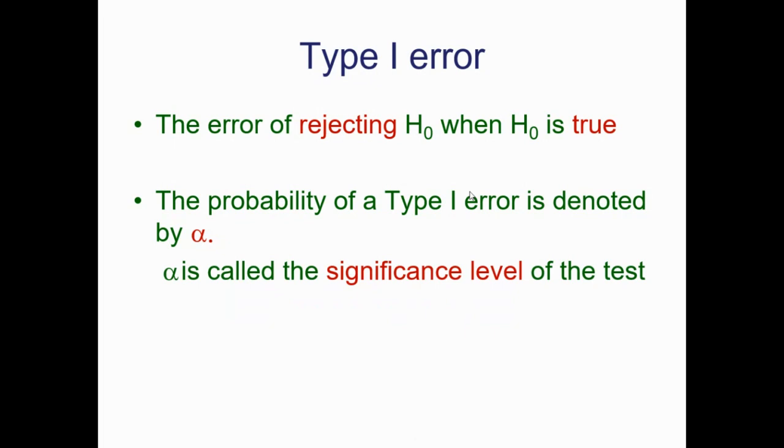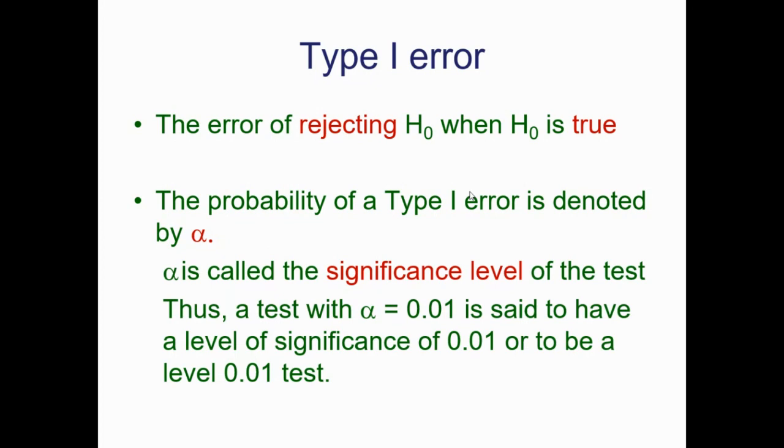So earlier this semester when we kept saying things like it's statistically significant, that's going to take a whole new meaning once we get through with hypothesis testing. So if we had a test where alpha is equal to 0.01, it's said to have a level of significance of 0.01 or to be a level 0.01 test.